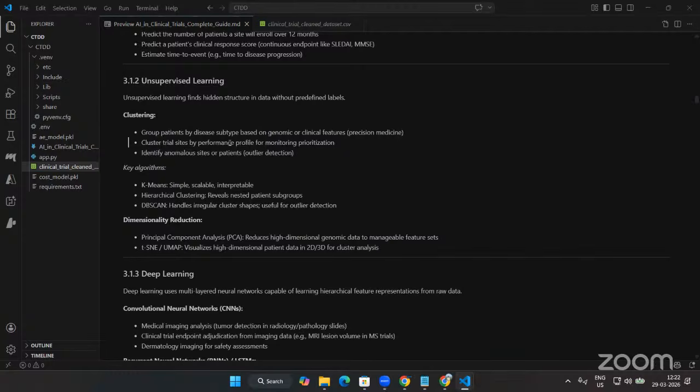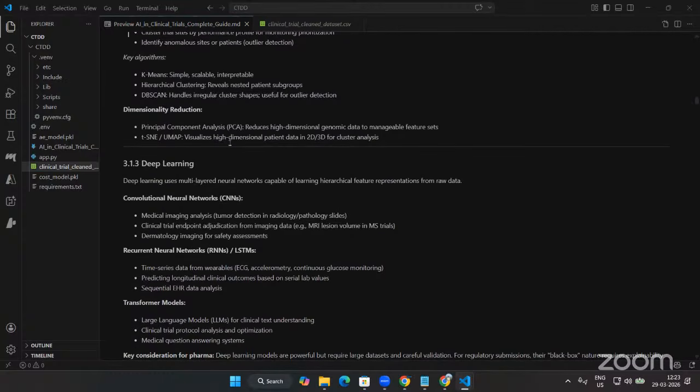So they are outliers. Anomalous sites we discussed in the previous example, where the sites are non-performing. So we can basically not include them because they are incurring very heavy expense. So we can exclude them in that particular case.